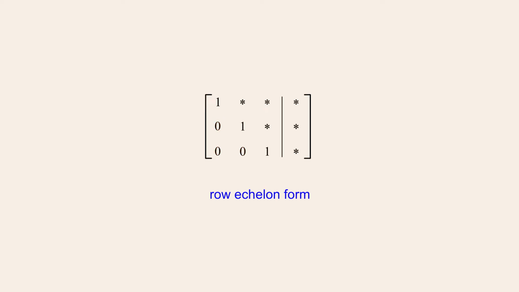Because of this, all the entries below each leading entry will be 0. Since augmented matrices can have different dimensions, the zeros may step down in different ways.